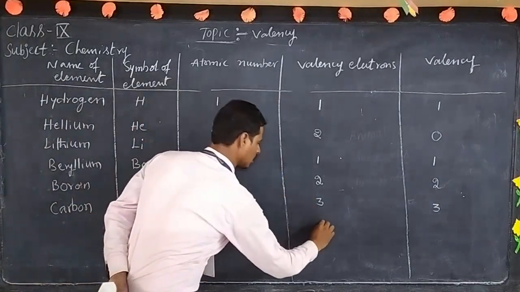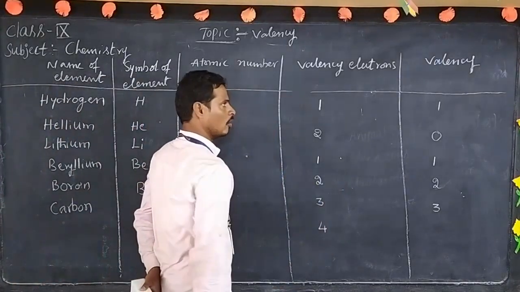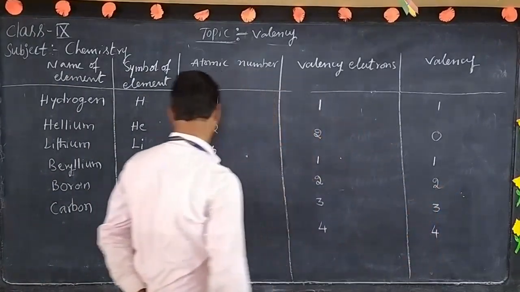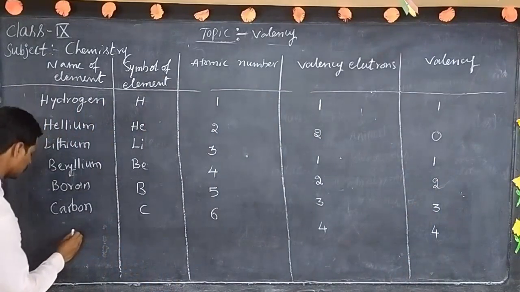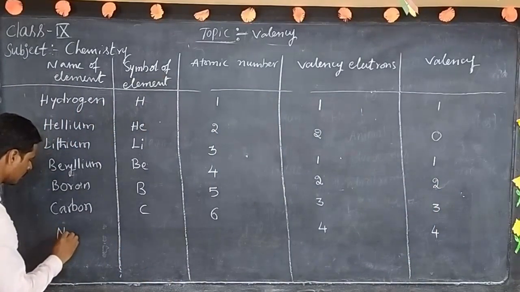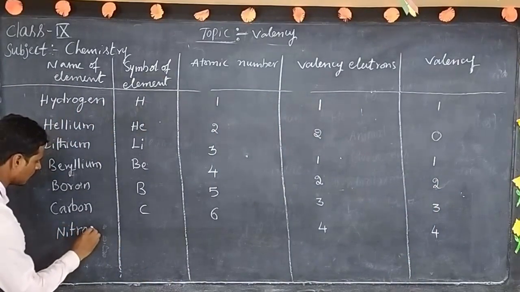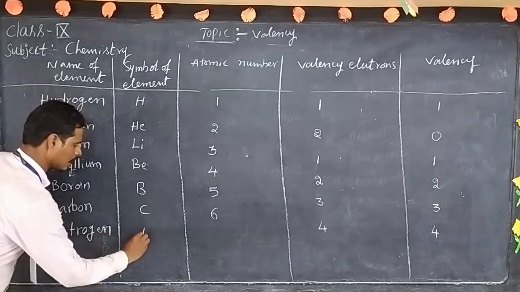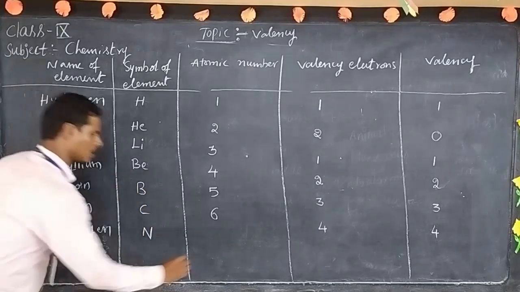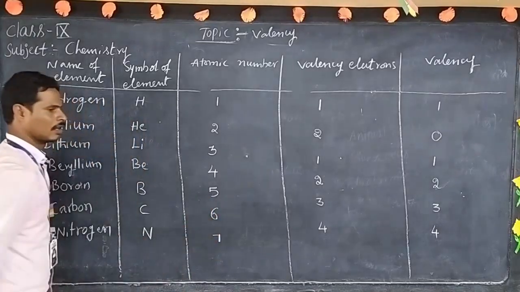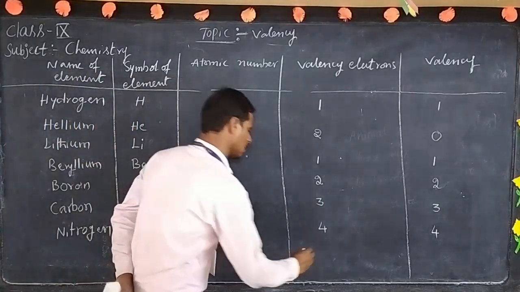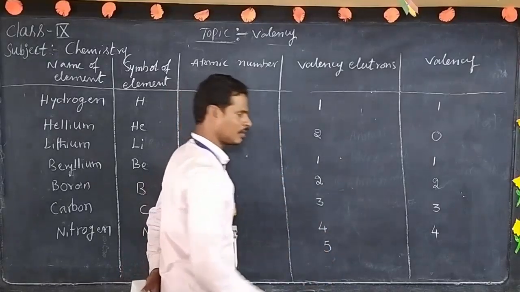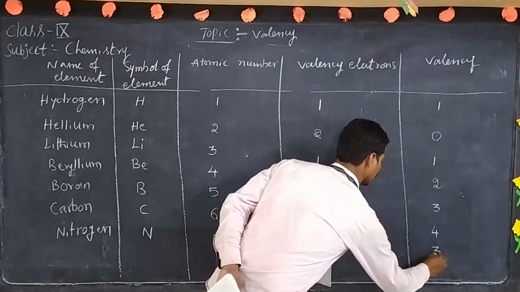Number of valence electrons 4. Valency of carbon is 4. Nitrogen. Symbol of nitrogen capital N. Atomic number 7. Number of valence electrons 5. Valency of nitrogen 3.